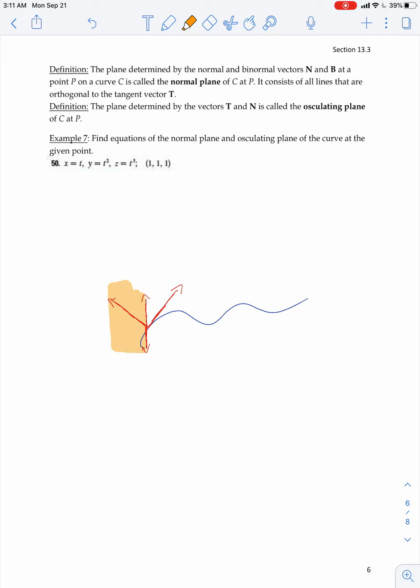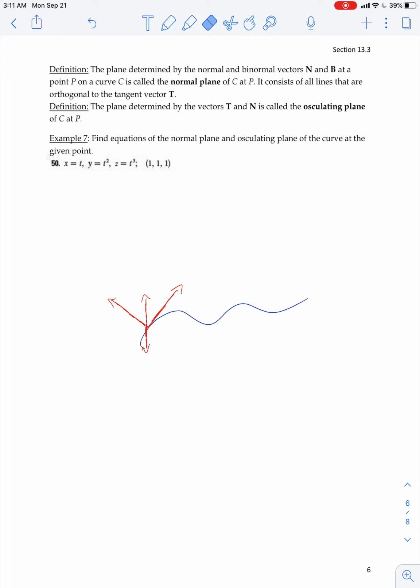We can use any vector as long as it's pointing in the correct direction. So when we're writing out the equation, what we really want is the vector r prime of t. We don't need the exact unit tangent vector. We just need a tangent vector, and r prime gives us that tangent vector.